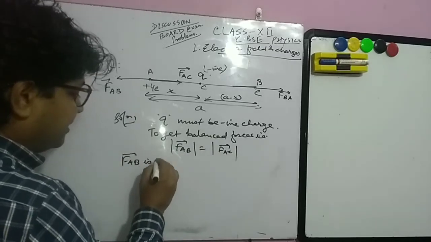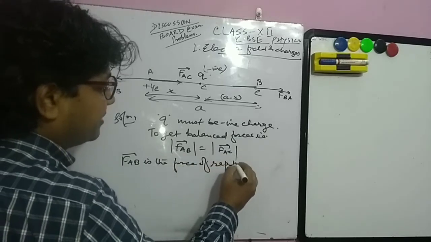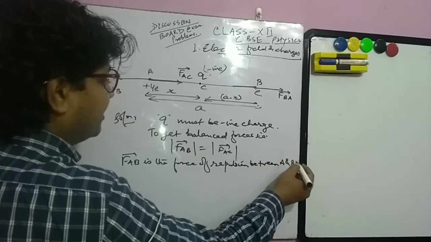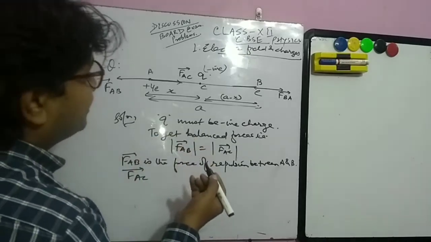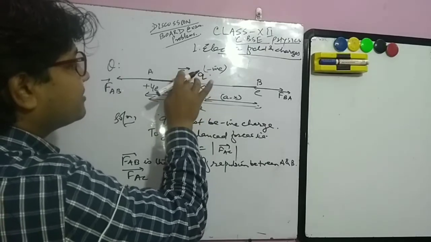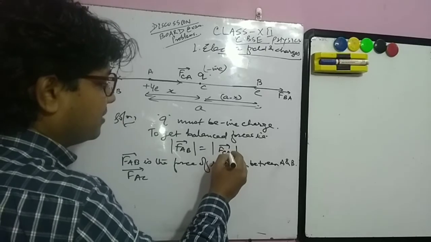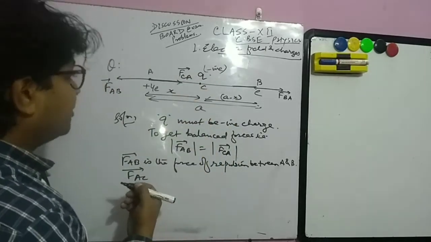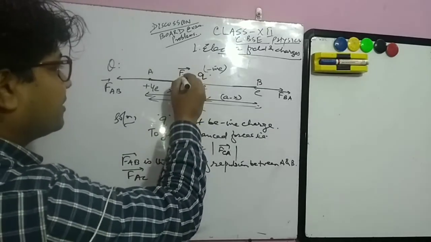FAB is the force of repulsion between A and B, and FAC, or it is better to write FCA vector, that is force on C due to A. No, this is quite good, FAC is quite good.